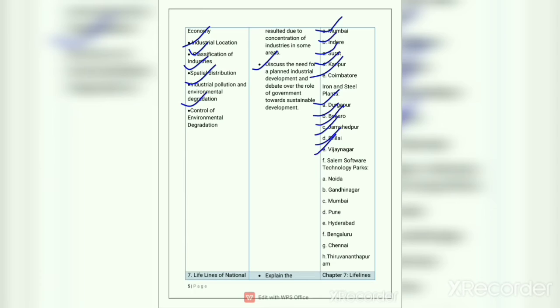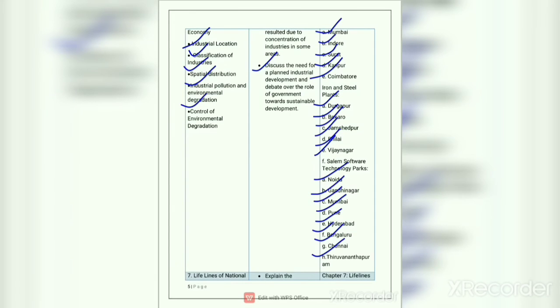Next, software industries or software technology parks. You will be able to locate software technology parks in Noida, Gandhinagar, Mumbai, Pune, Hyderabad, Bengaluru, Chennai and Thiruvananthapuram. Last chapter which is there in term 2 is lifelines of national economy.